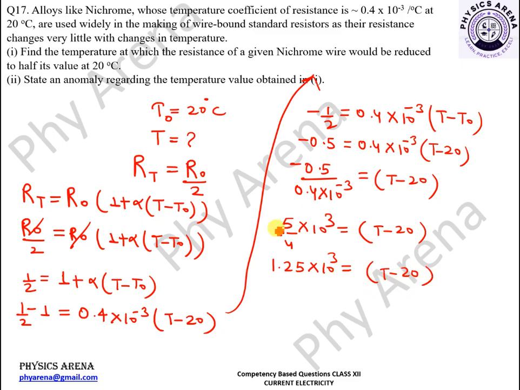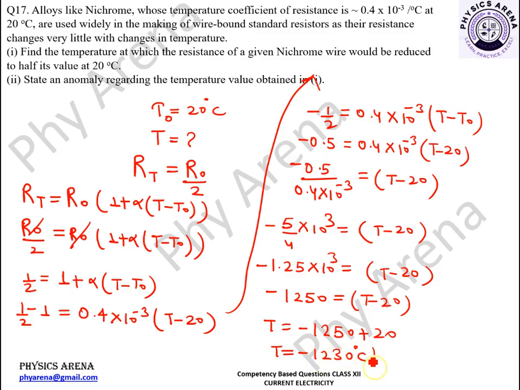And since the minus sign was there, we have to put it as minus 1.25 multiplied by 10 to the power 3. Minus 1250 has to be equal to T minus 20. And when we solve it out, T will be equal to minus 1250 plus 20. So the final value of T will be minus 1230 degrees Celsius.